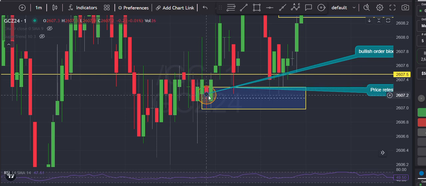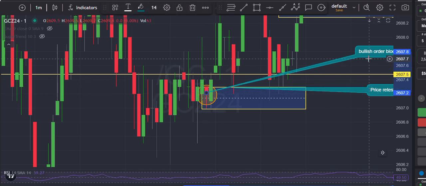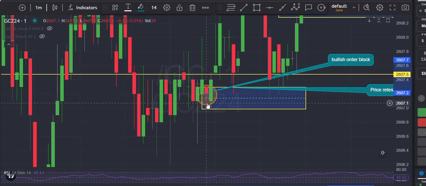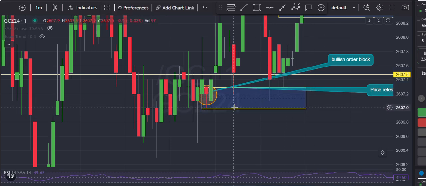This is where I have my order block. I marked this area off of this candle because it's a bearish candle. It's a bullish order block. So I mark out my zones, right? Follow me here.